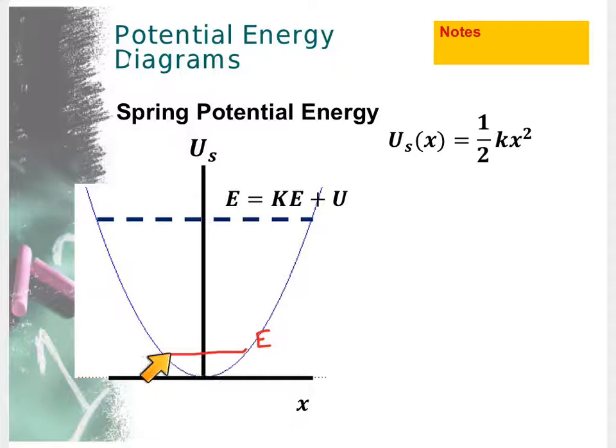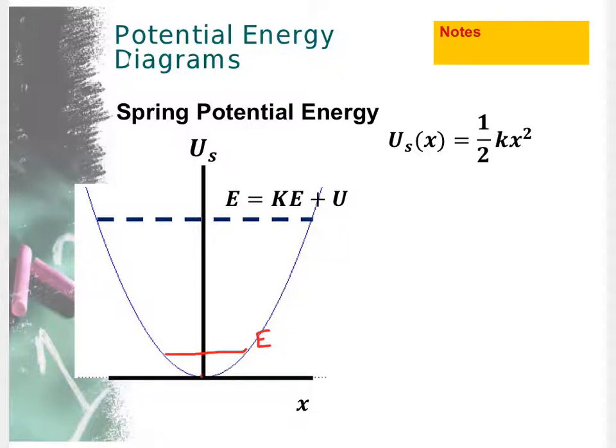So what happened is after I took some energy away, it's no longer able to go out to this large of a stretch or a compression, but it has to get closer and closer to 0 right here.